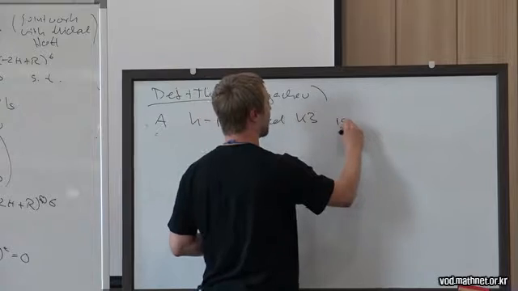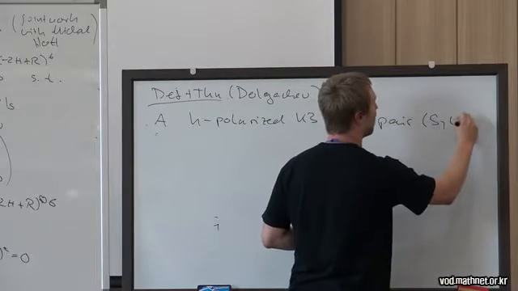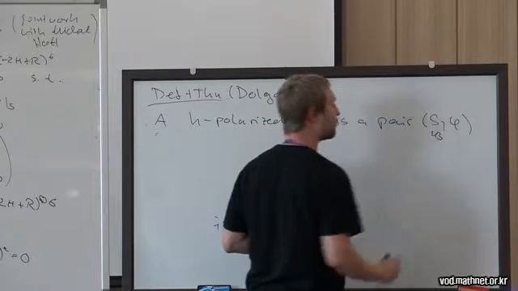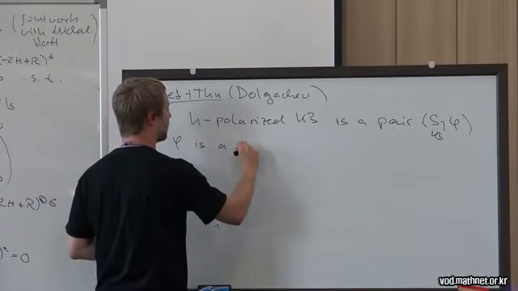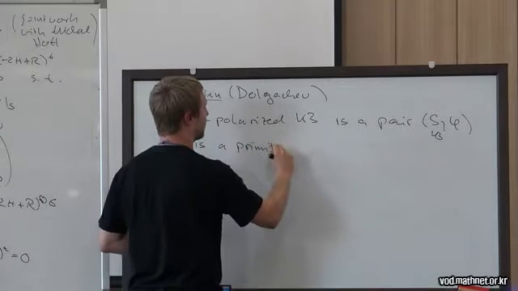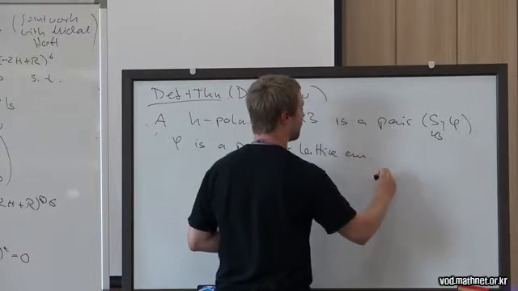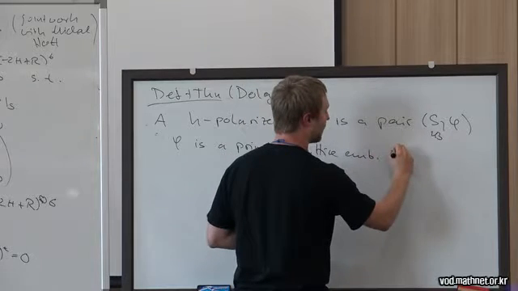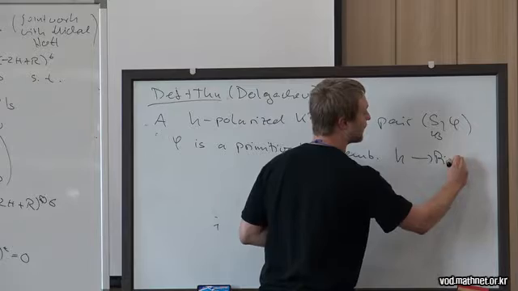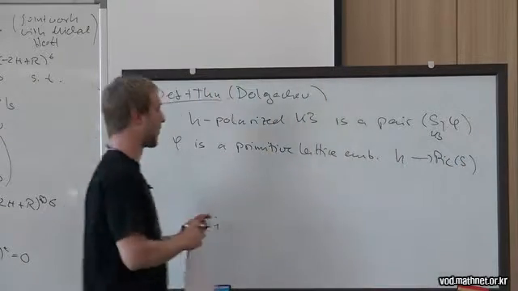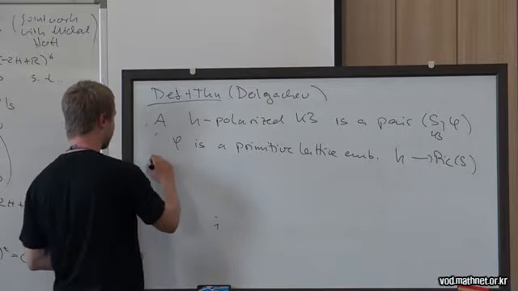K3 is a pair (S, phi), where S is a K3, and phi is a primitive lattice embedding from H into the Picard lattice of S. And the theorem part is the following.